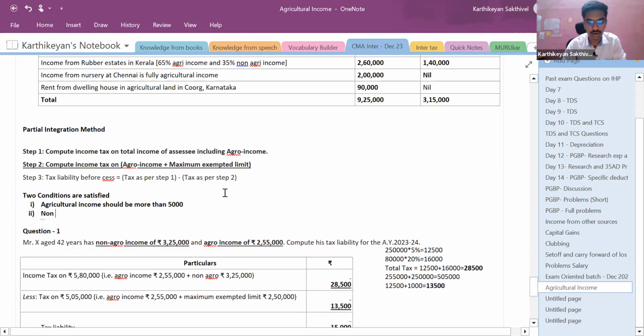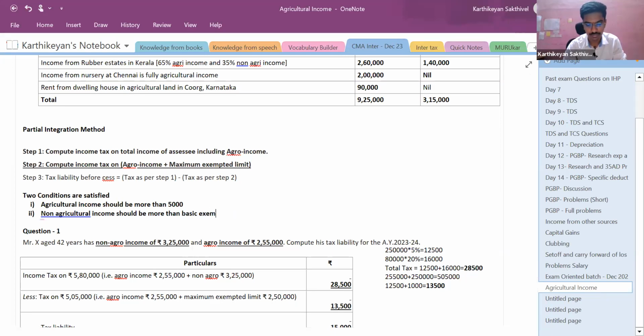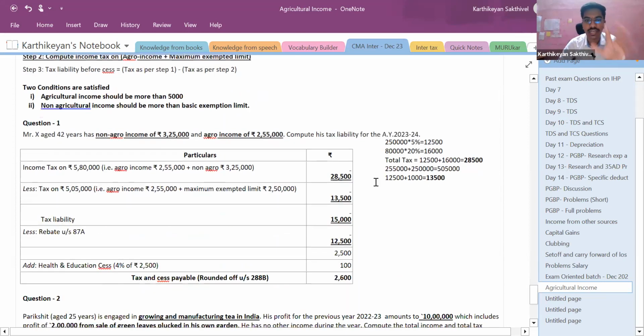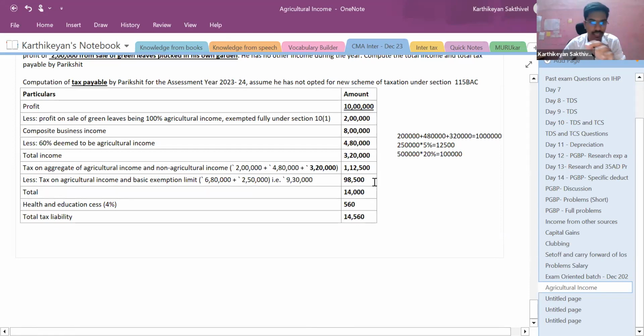Second, non-agricultural income, agricultural income should be more than the basic exemption limit. Only if both of these conditions are satisfied, I can go for the partial integration method. If both of these conditions are not satisfied, I cannot go for the partial integration method.